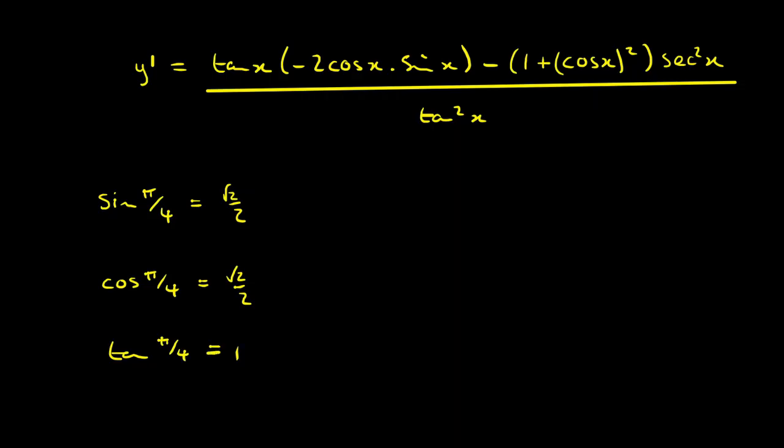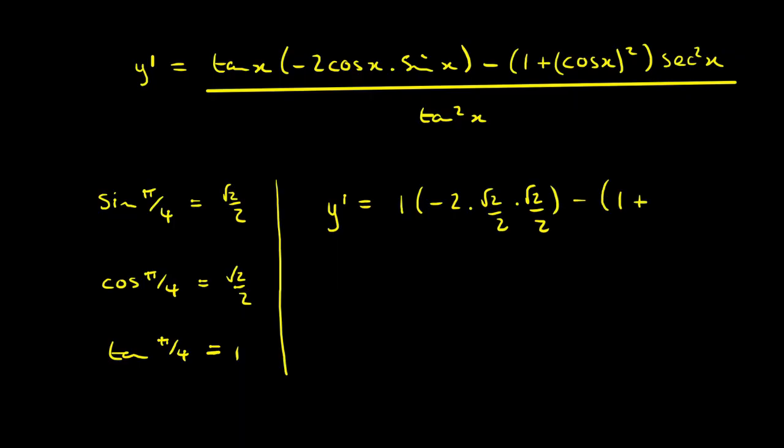So if we substitute that in here, we're going to get that y prime is equal to tan pi by 4, which is 1, times minus 2 times cos pi by 4, which is root 2 upon 2, times sine pi by 4, which is root 2 upon 2, minus 1 plus cos pi by 4, which is root 2 upon 2. In this case, we're squaring it.